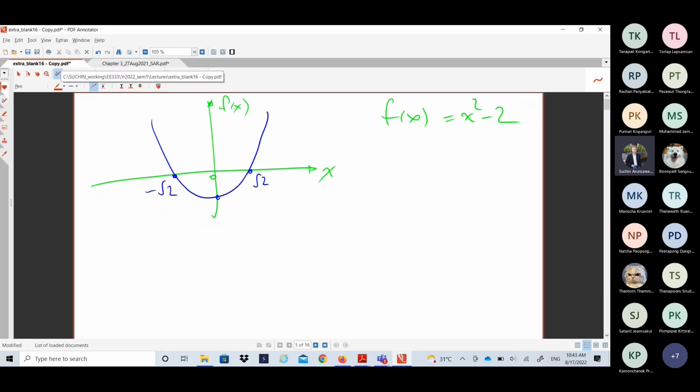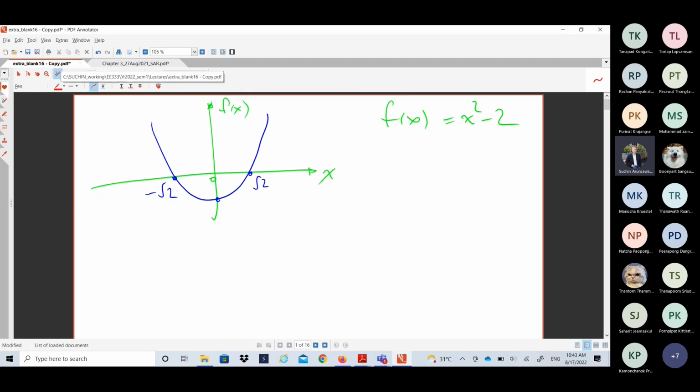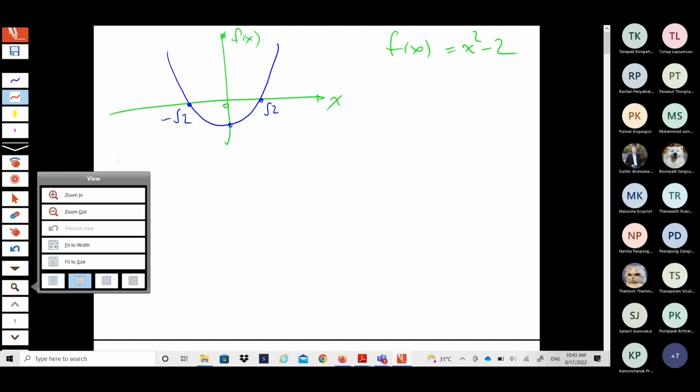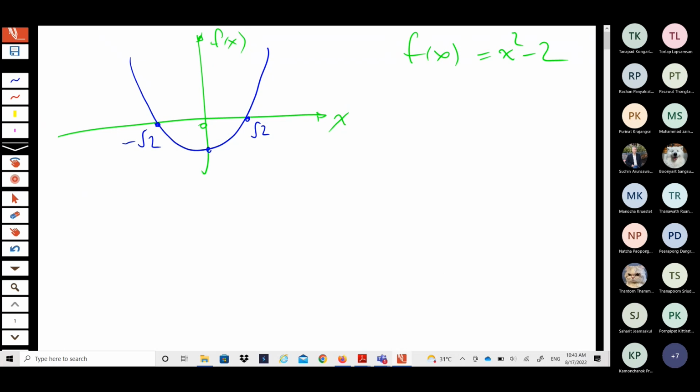Now let's see when the iterate is between 0 and square root 2. If x naught starts from here, then we know that it's converging.